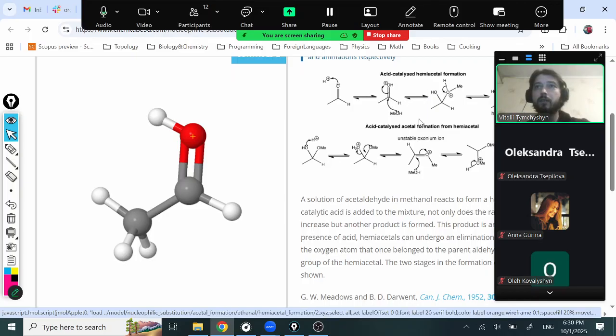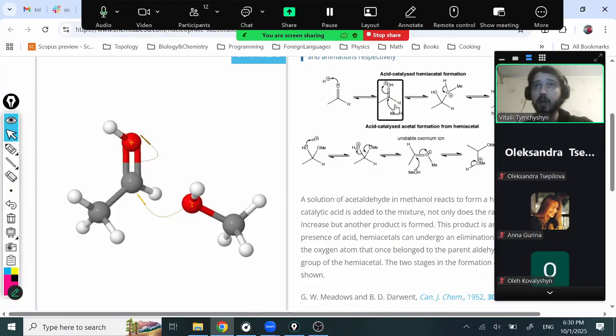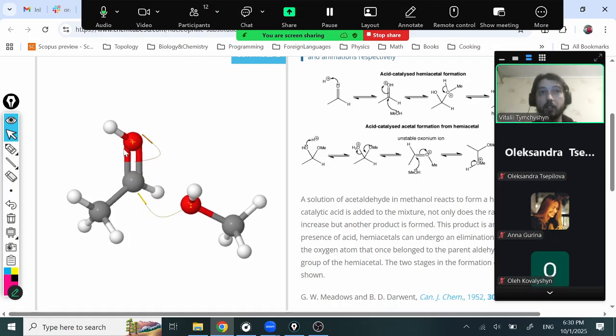So now once again we have an attack. This carbon atom was partially positive due to oxygen pulling electrons towards it. Now oxygen has acquired a positive charge, which means that this carbon atom became even more positive.